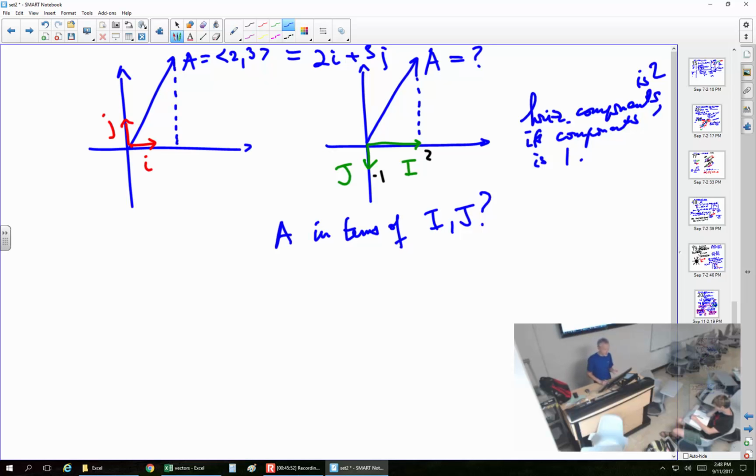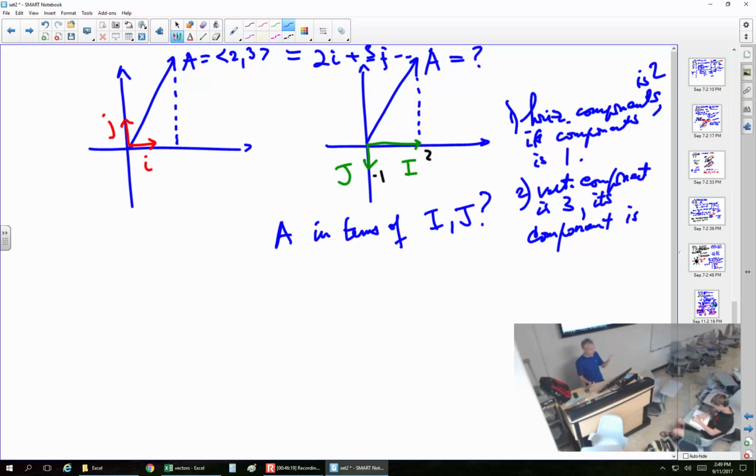Now, as far as J is concerned, as you can see, our vertical component is 3. So how many J's do I need? I need 3 only going in the opposite direction.